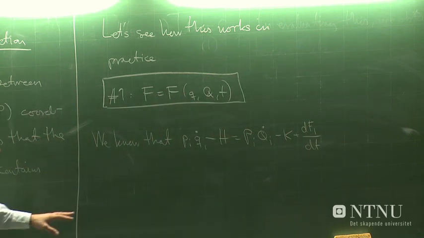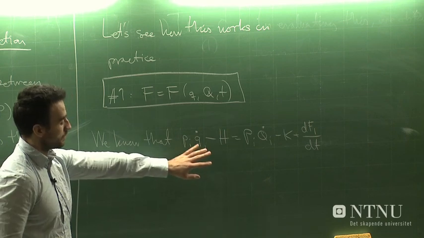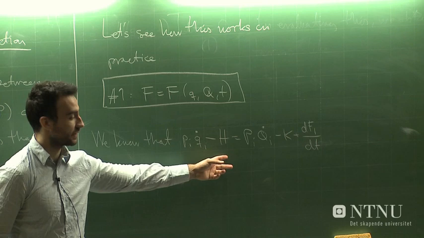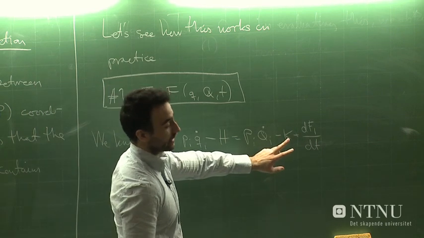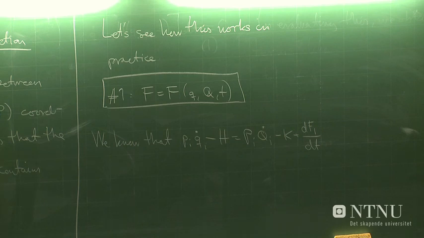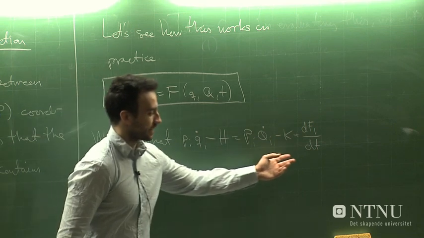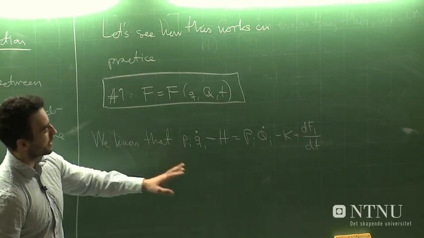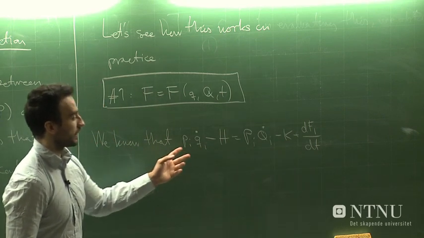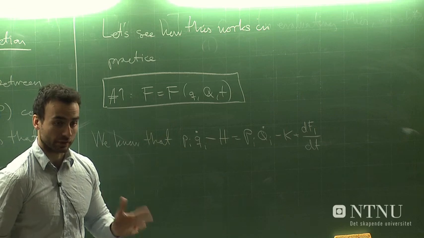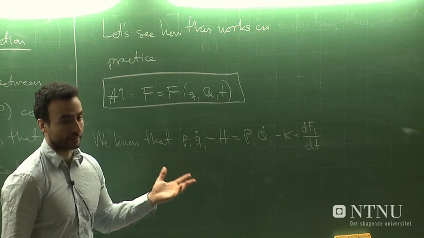Now we have the following general relation between the Hamiltonian expressed in the old coordinates and the Hamiltonian expressed in the new coordinates. So what we'll see here is that since we have this extra term allowed by the variational principle, this can be used to define how the transformation between the old and new coordinates must look in order for this to be a canonical transformation.